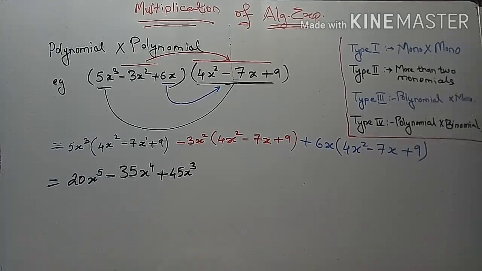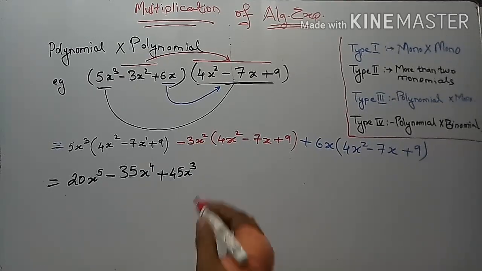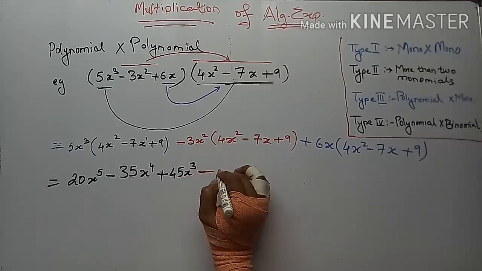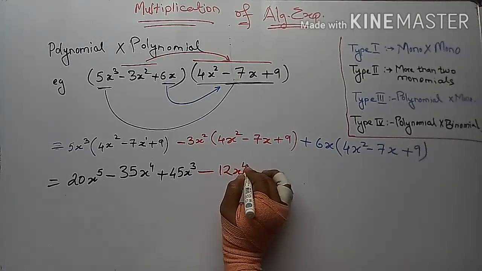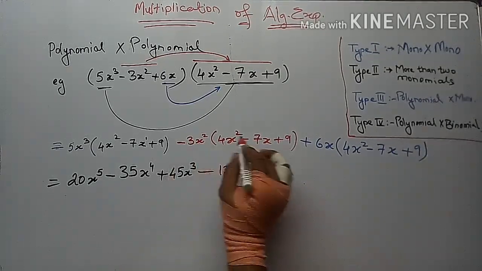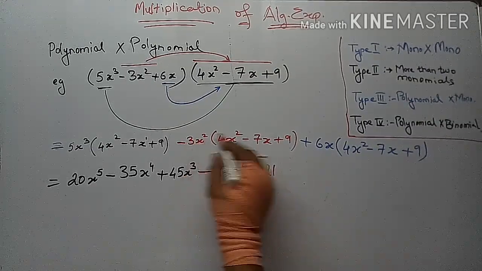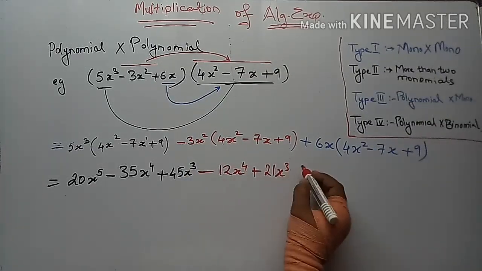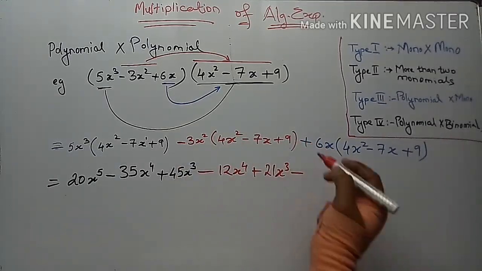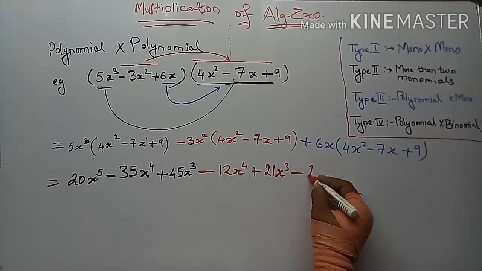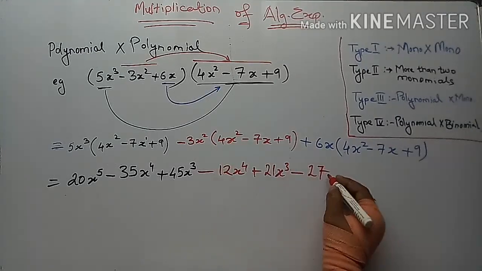Next we have the second bracket opening up. Minus 3 4s are 12, x raised to 4, minus 3 into minus 7 will give you plus 21 x cube, minus 3 into plus 9 gives you minus 27 x square.